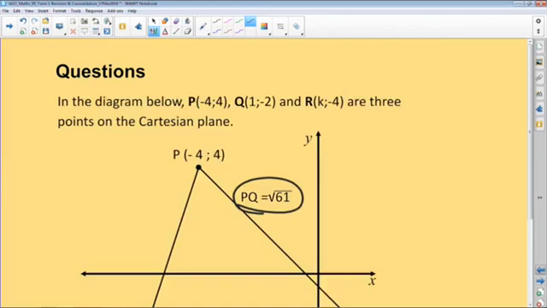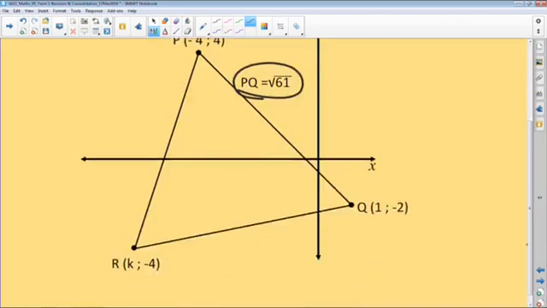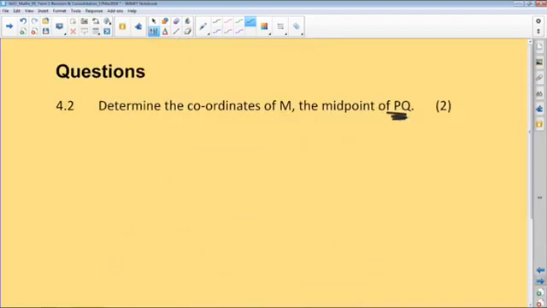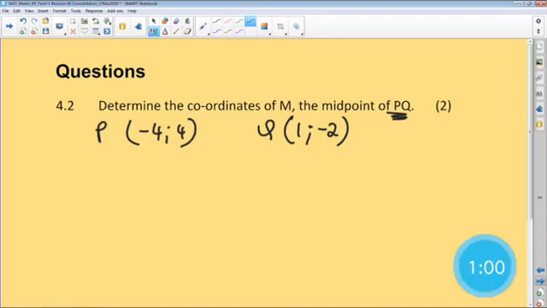P is (-4, 4) and your Q is (1, -2). This one is very quick, guys. I'm giving you only a minute. Please work out the midpoint, and then I'll help you check if you're correct.